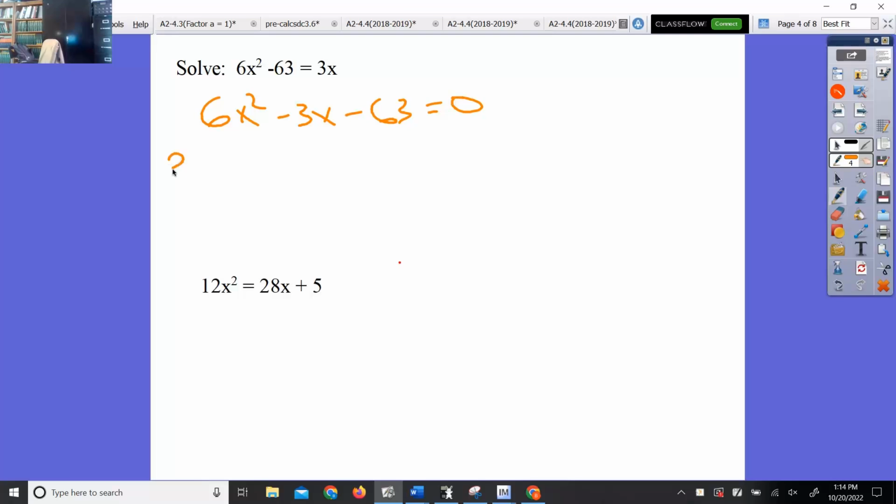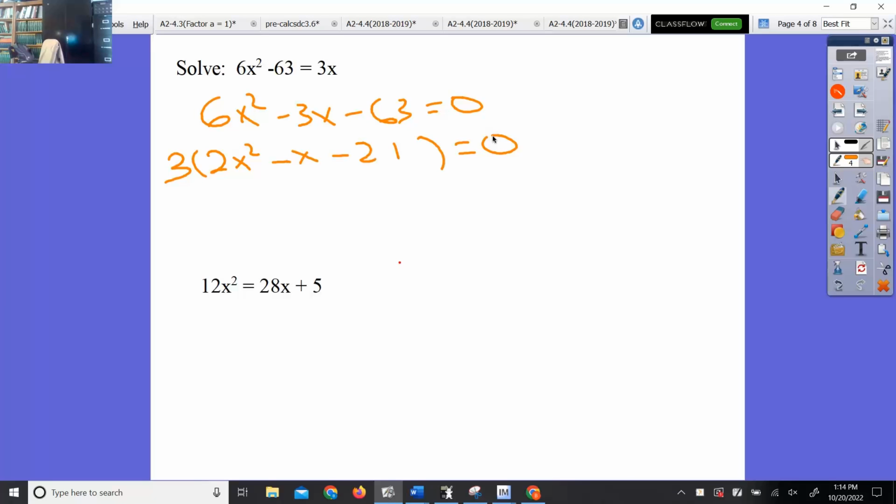All three terms. Now, you don't have to do this. But what it does is it makes the factoring easier. If you pull a 3, you'll have 3 times 2x squared minus x minus 21 equal to 0. Because if you had 6x squared, you would have to think about 6x and x or 3x and 2x. Now it's locked in place.